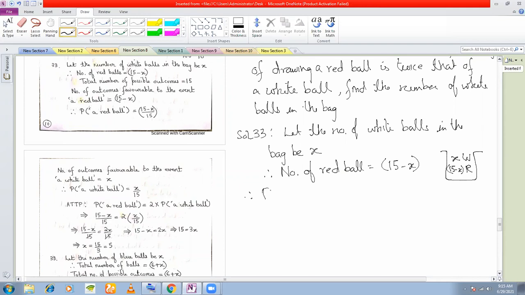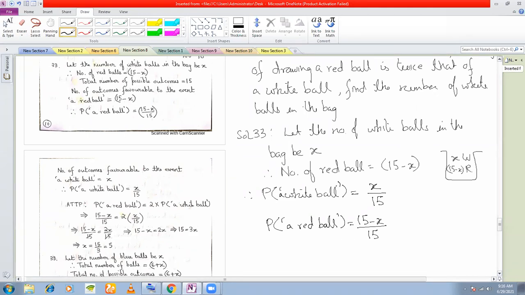So therefore, what is the probability of a white ball? We're drawing out one ball. How many white balls? x white balls. And the total number of balls is 15. The probability of a white ball is x by 15. The probability of a red ball is 15 minus x, the number of red balls, divided by the total number of balls, 15.